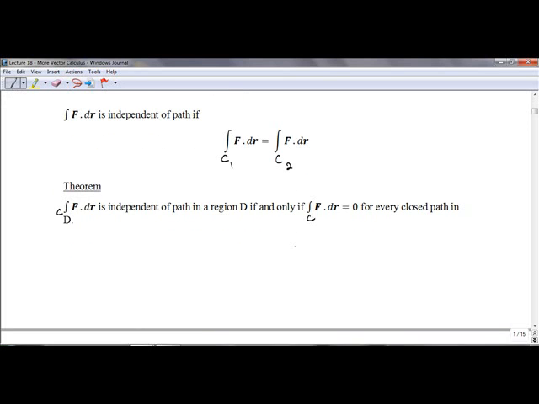Let me give you a little drawing. Let's do A and B again, and let this path be C2, and let this other path be C1.